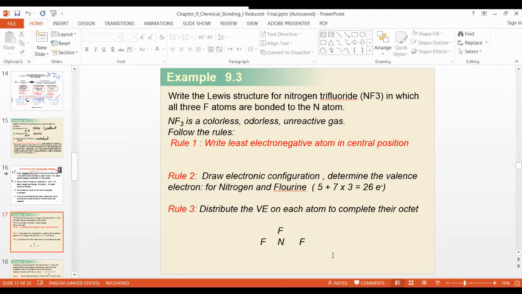And whichever element is least electronegative, you can put on the central atom. After putting this central atom and putting aside the 3 atoms of fluorine, maximum distance, this is the maximum distance you can put it.